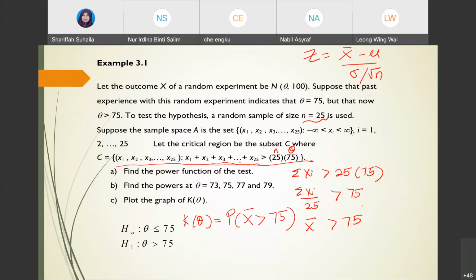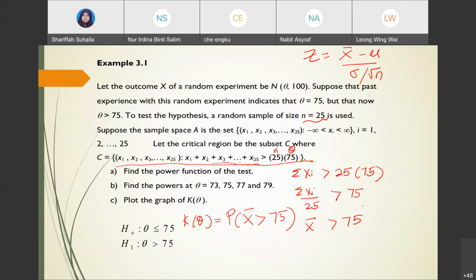So K theta adalah probability of rejecting the null hypothesis. Kita nak reject H0, macam mana? Keadaannya macam mana? Okay, bila summation xi ni greater than 25 times 75. So you know that 25 is your sample size. So you divide. So that means, case-nya bila X bar greater than 75.